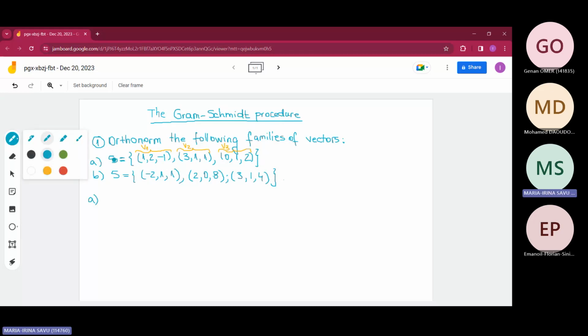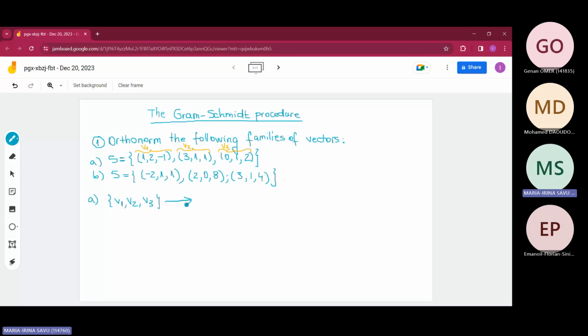We have two families of vectors, each of them having three vectors. We denote the vectors by v1, v2, and v3. And the first idea is to orthogonalize them.